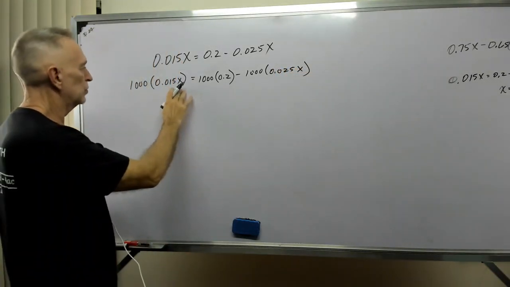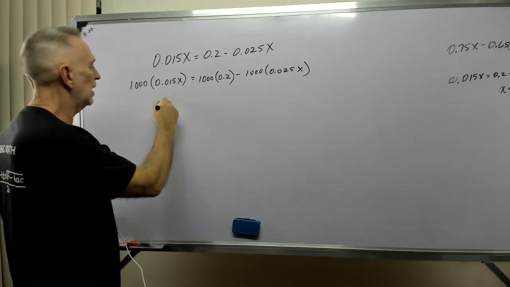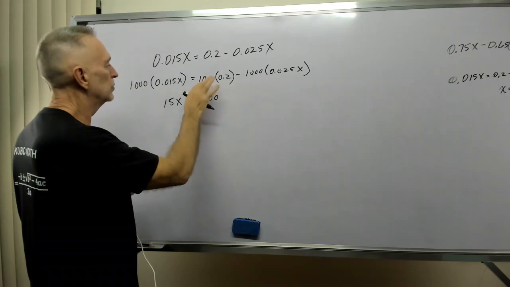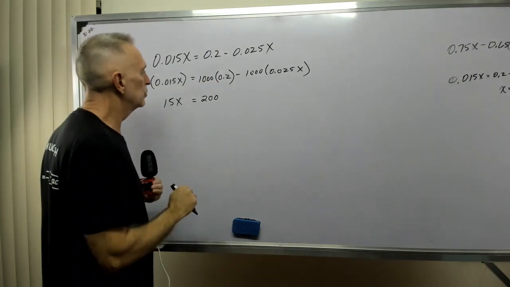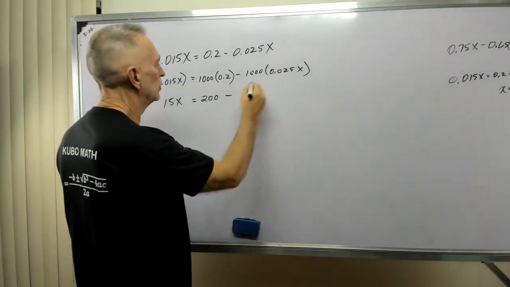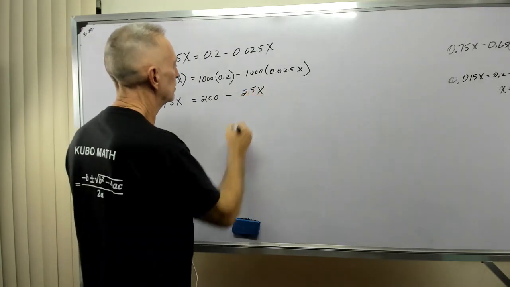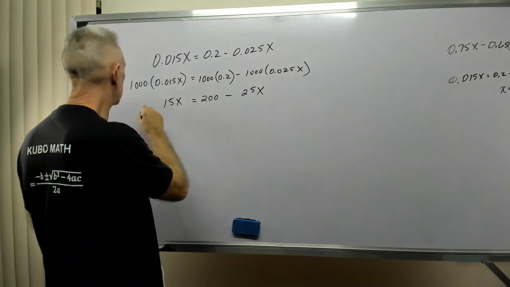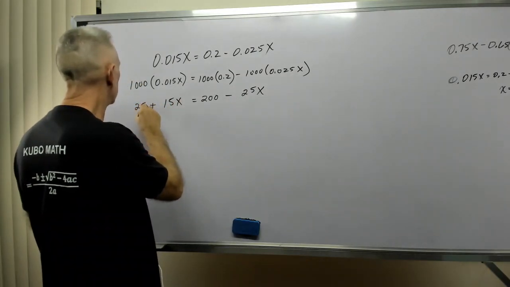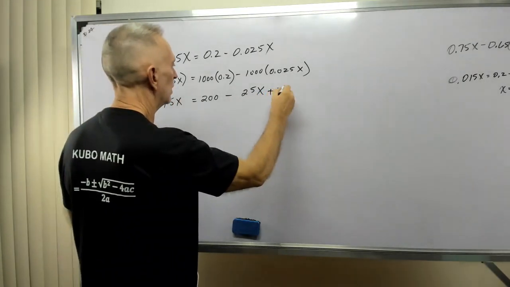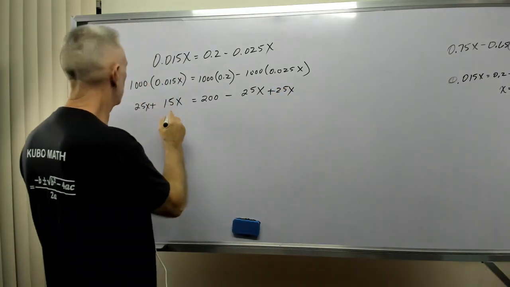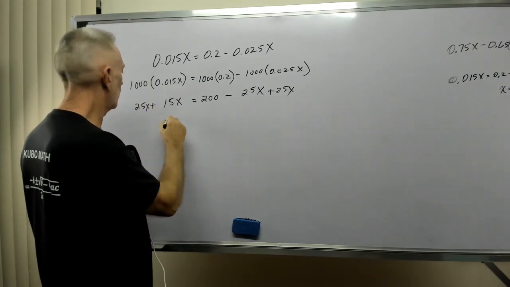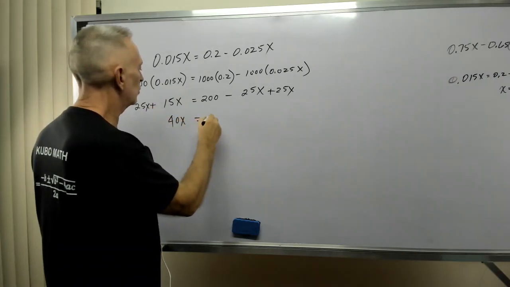So if I move this one 3 decimal points to the right, I get 15x equals 200, 1,000 times 0.2, minus 25x. So let me add 25x to both sides. That would give me 40x equals 200.